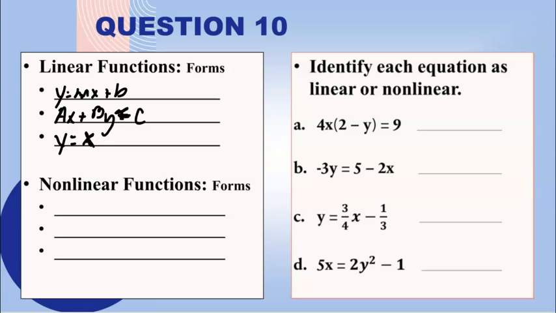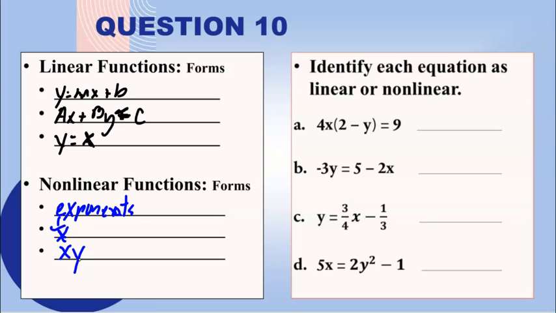For nonlinear, you would have exponents. You would have 1 divided by x, or you're dividing by x, or you might see one where you're multiplying x times y involved.